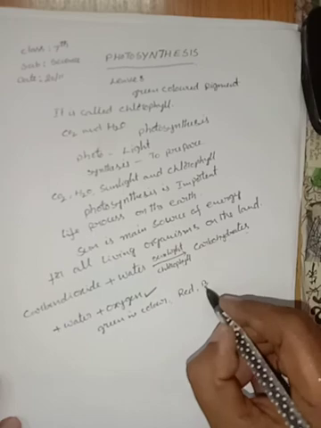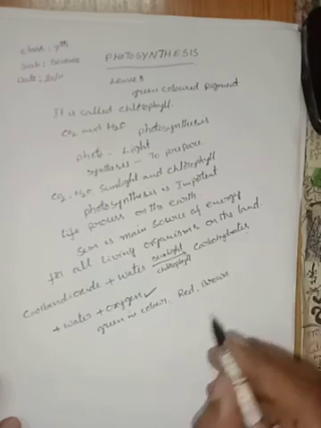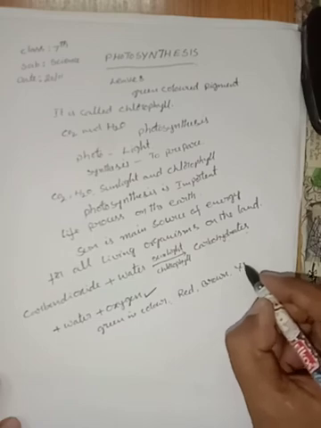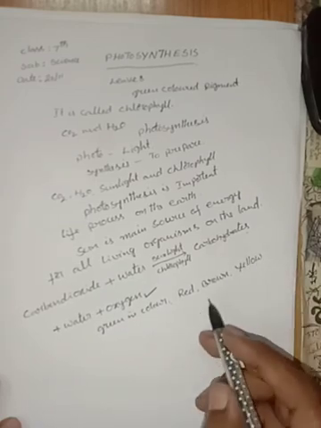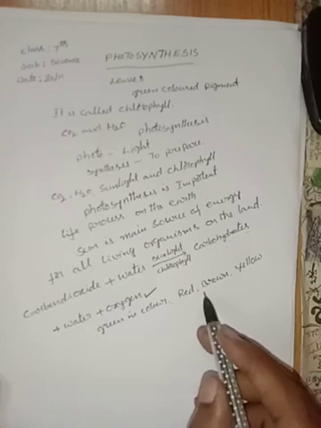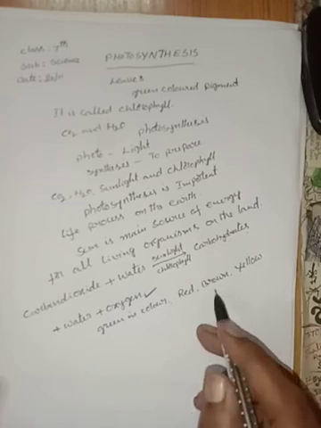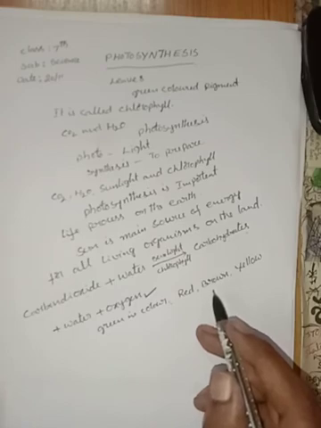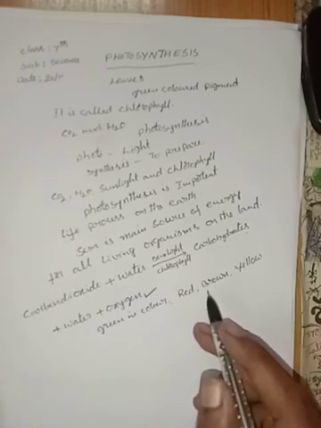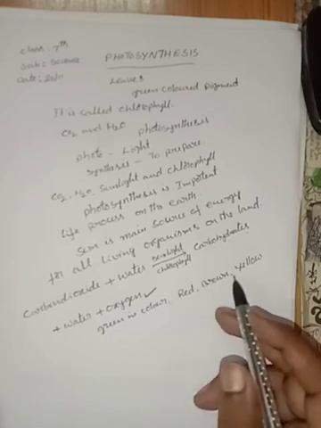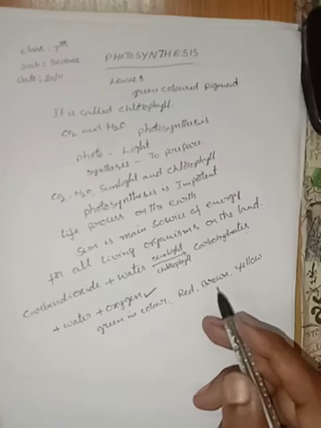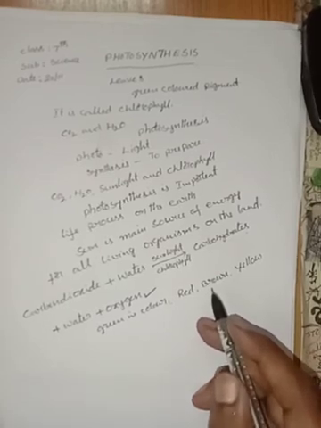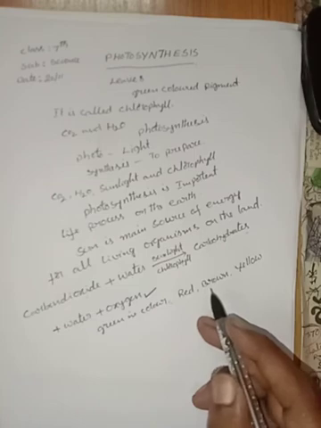In some plants, the leaves are brown in color. In some plants, the leaves are yellow in color. Does photosynthesis occur in these plants also? Yes, because in these plants, chlorophyll is also present. The large amount of red, brown and yellow color pigments mask the green color pigment. So photosynthesis also takes place in these different colored leaves.